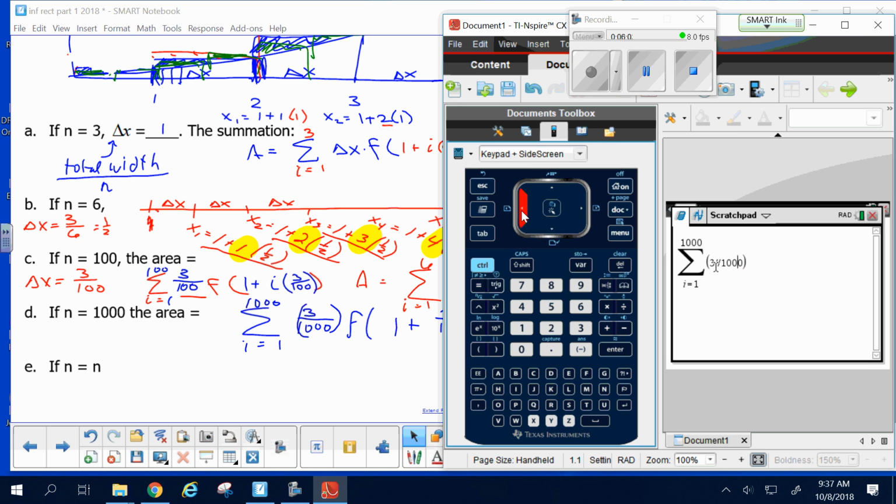I need, don't I want 2 sets of parentheses? Okay, and then our function. Our function has been identified, so I can type in 1 plus, I'll just go 0.003, and then times I.